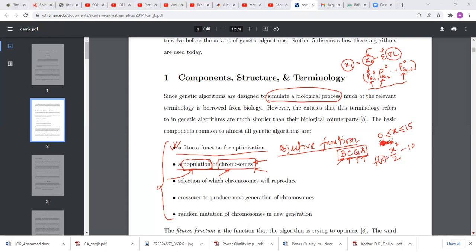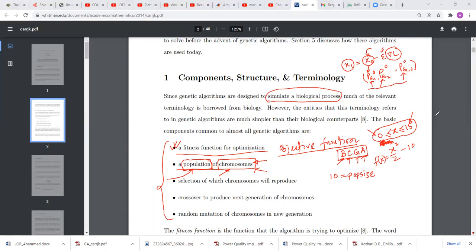If you are looking for the encoding of your population or your chromosome, let's say you want to start with population size 10. That means you will start your genetic algorithm with 10 different probable solutions. Each solution can take any value between 0 and 15, not less than 0 or higher than 15.